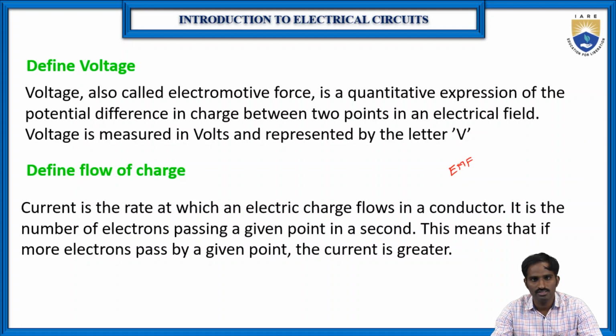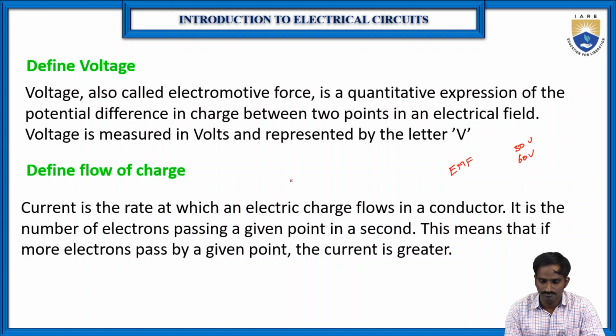The voltage is expressed in a quantitative expression, which means how much voltage, whether it is 30 volts or 60 volts, whatever it is. So it is quantitative. The definition is: the voltage, or the electromotive force, or the potential difference, is a quantitative expression of the potential difference in charge between 2 points in an electric field.